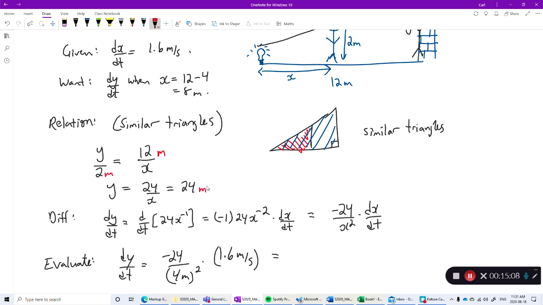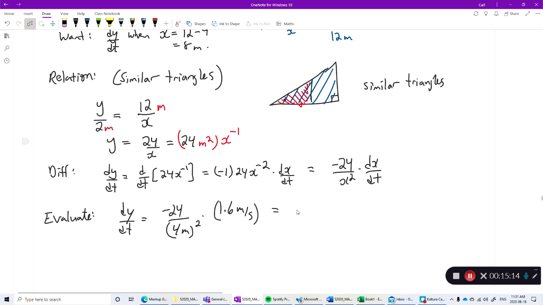24 meters squared times x to the minus 1. So if I push that through to the end here, that's going to be minus 24 meters squared over 4 meters squared. This is a danger of using the units partly, but not consistently, because then you can convince yourself that you've made a mistake.